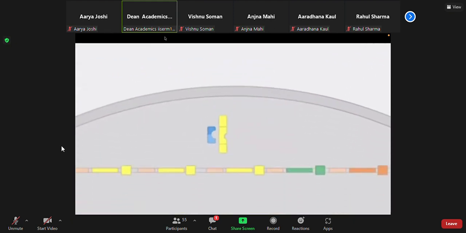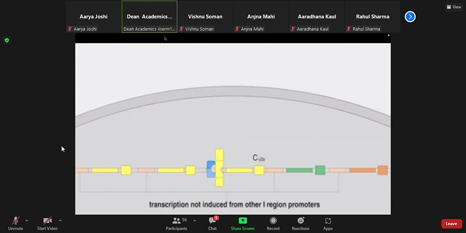These transcription factors cooperate to selectively induce the transcription of the I region promoter upstream of the C gamma 2A constant region. However, they do not induce transcription from other I region promoters, such as C epsilon or C alpha. The different transcription factors activated by the cytokines determine the specificity of I region activation. In this case, activation of STAT1 by interferon gamma leads to the activation of the I region for C gamma 2A.